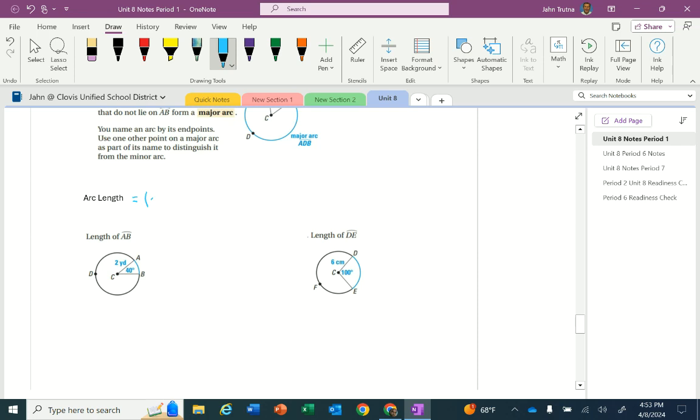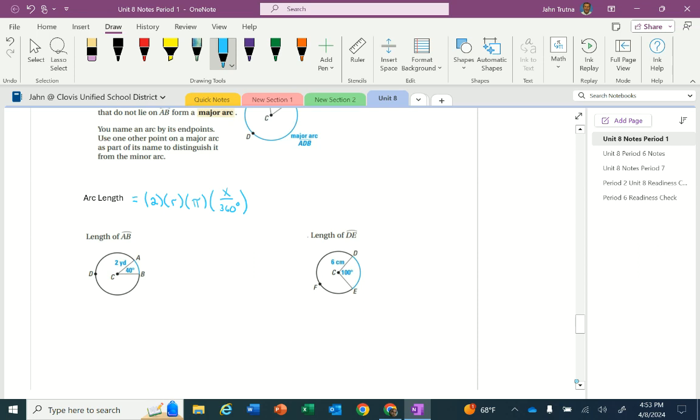The formula is 2 times the radius of the circle, which we represent with r, times pi, which we represent with the pi symbol, times the fraction x over 360 degrees, okay?